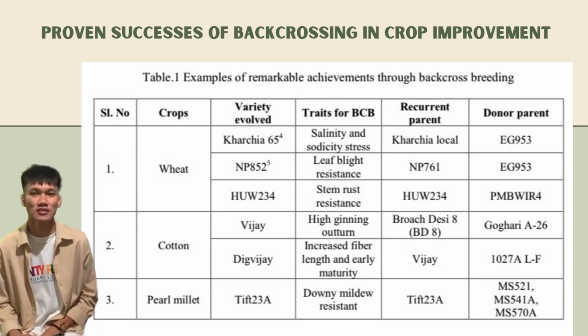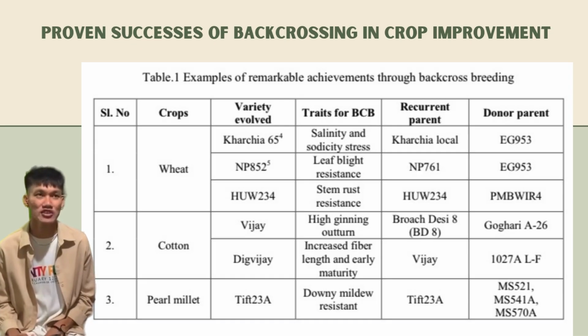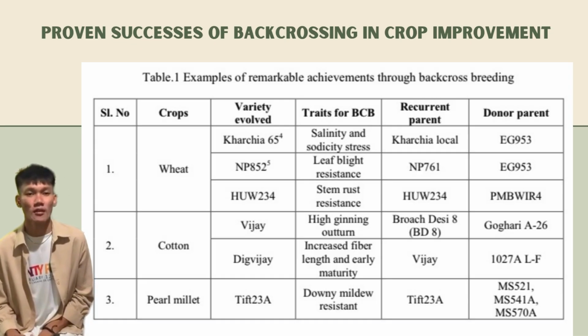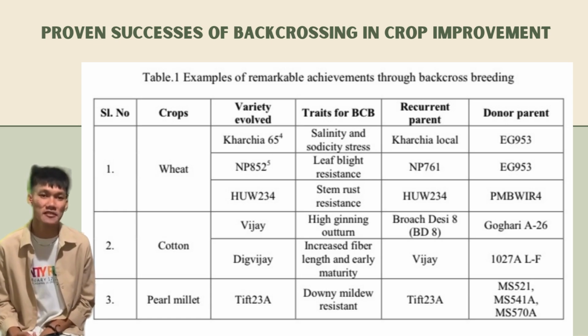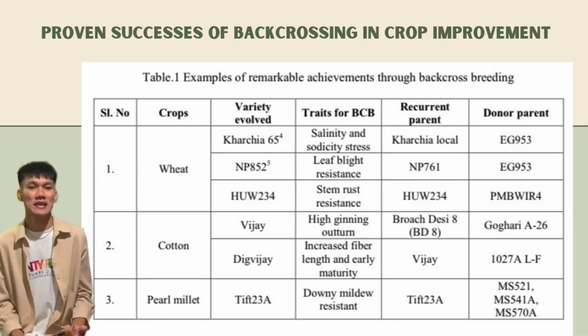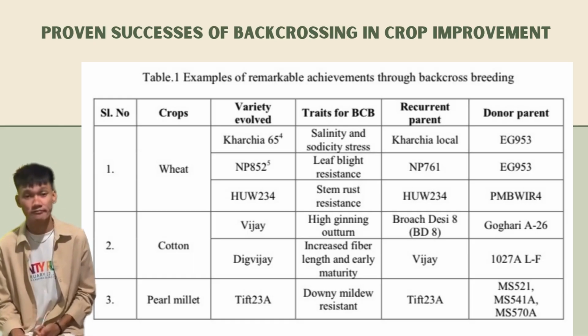So I'll be showing you Table 1, an example of the achievements. As you can see in Table 1, there is a column for crops, the variety evolved, traits for BCB, the recurrent parent and the donor parent.